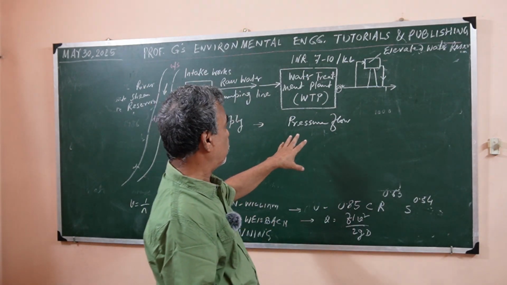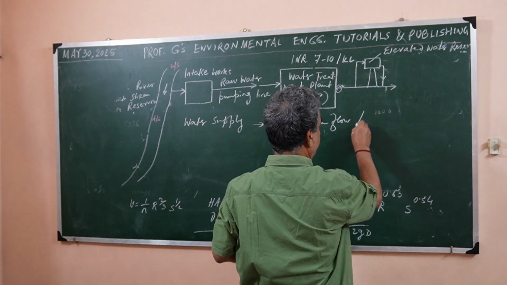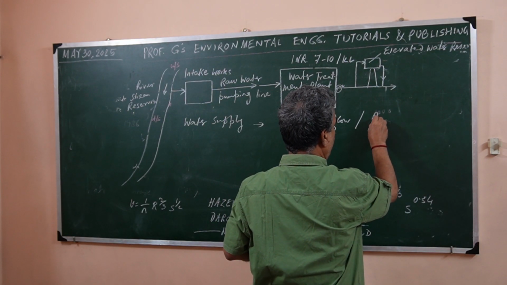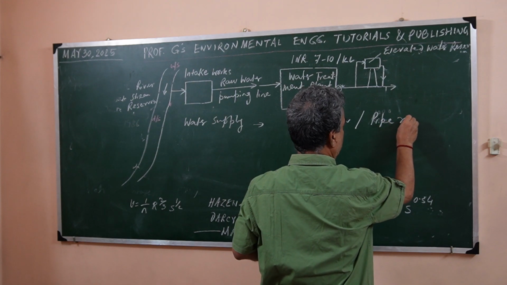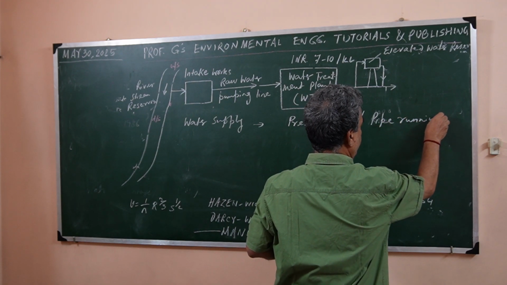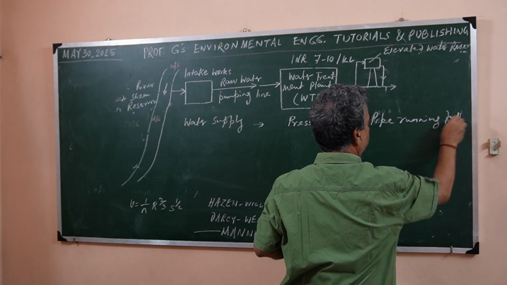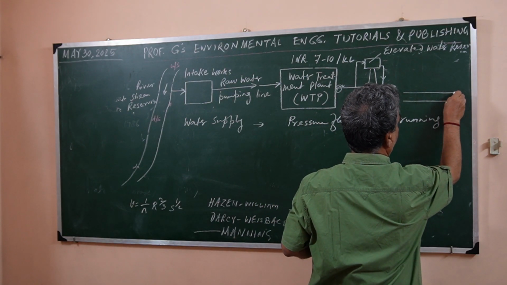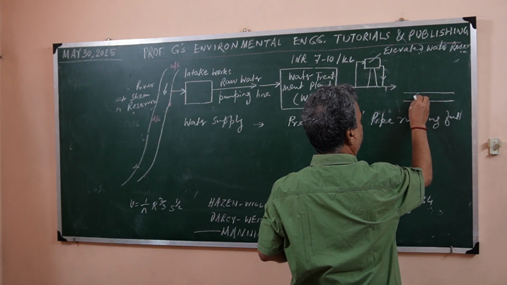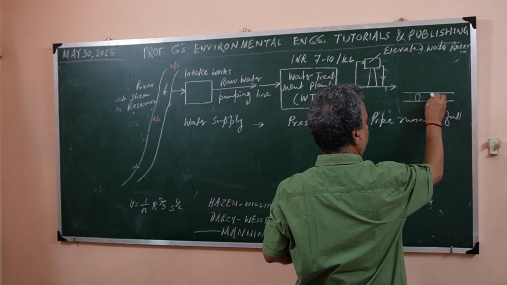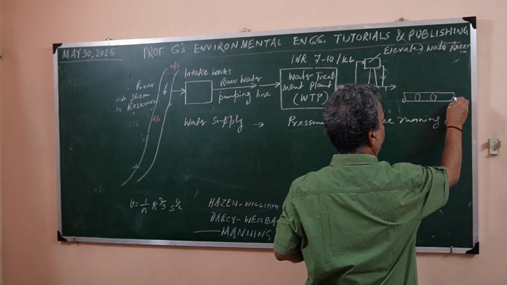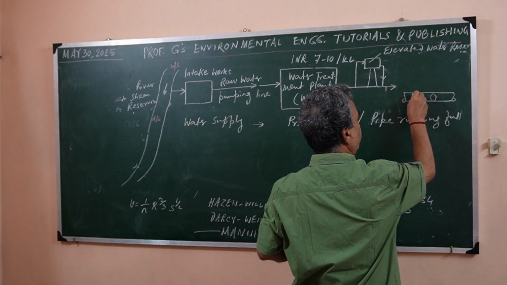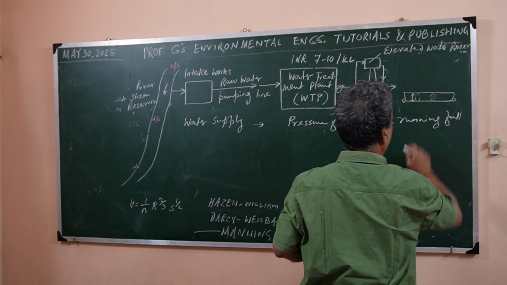So this is the pressure flow, the pipe running full. In the longitudinal section, the pipe is running full, and this is the water level at the surface.